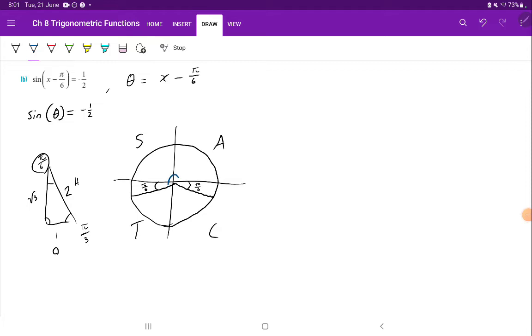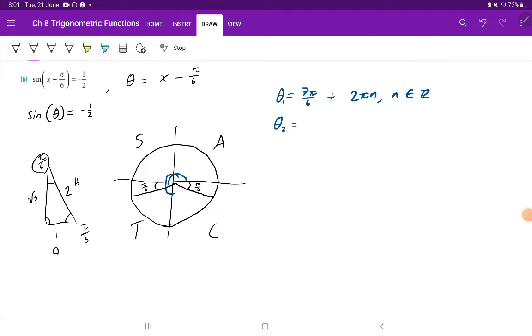So the first angle here, that's going to be pi plus pi on 6. So our first reference angle, theta 1, is going to be 7 pi on 6 plus 2 pi n, for some n in the integers. And theta 2 is going to be, well, nearly a full rotate.